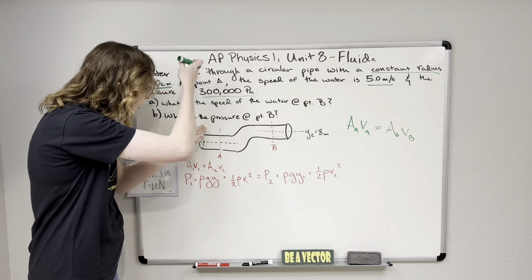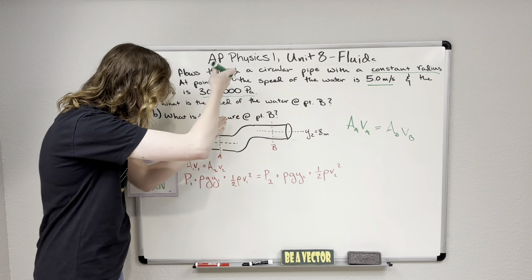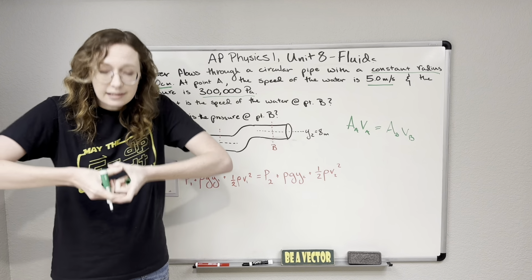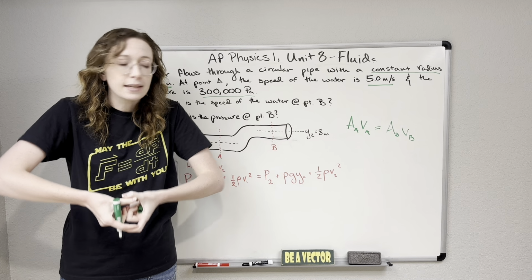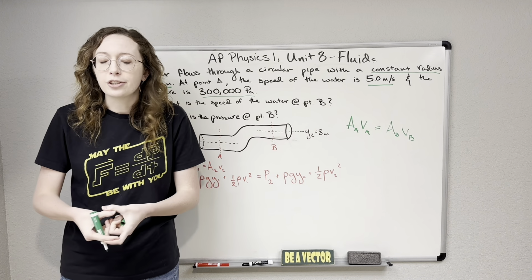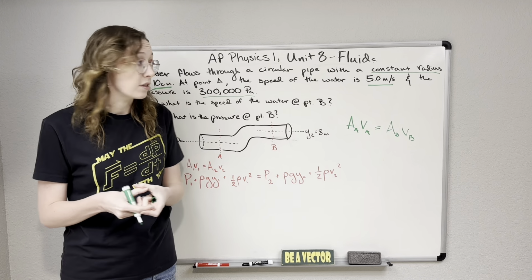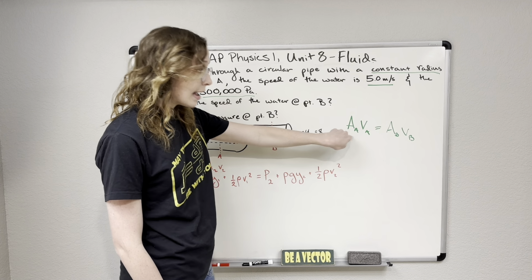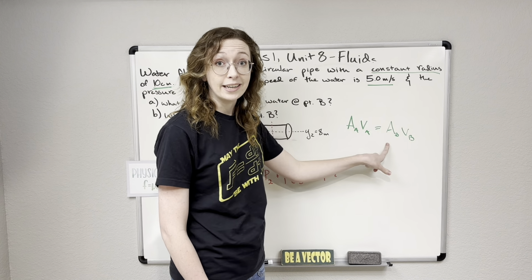If I took a little cookie cutter slice of my pipe at any point along its path, that slice is going to be exactly the same size. My cross-sectional area is constant throughout this whole pipe. So the cross-sectional area at point A is the same as the cross-sectional area at point B.